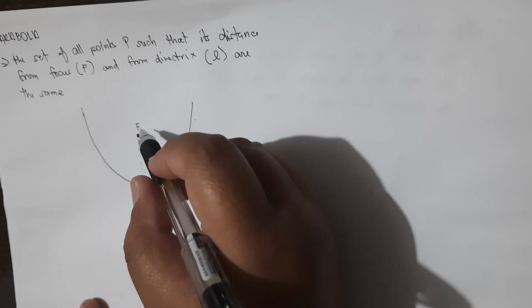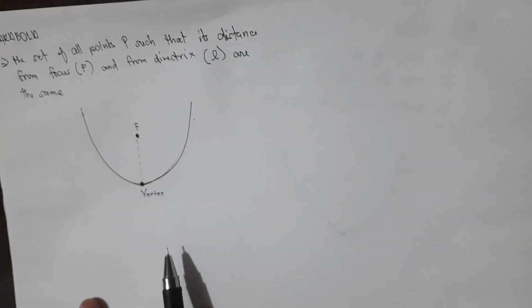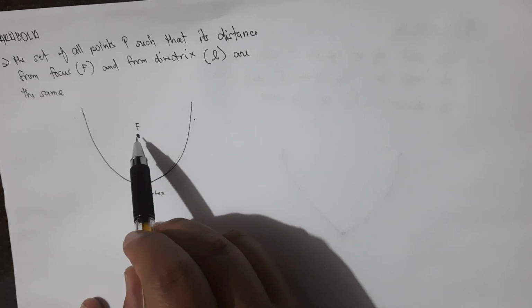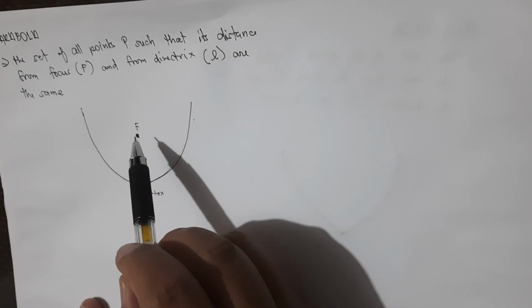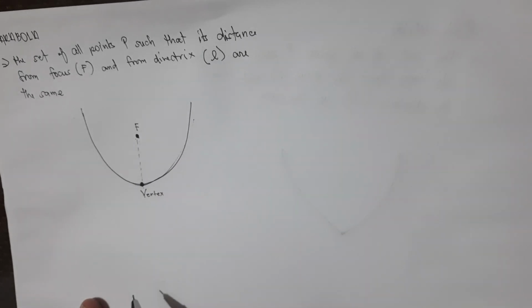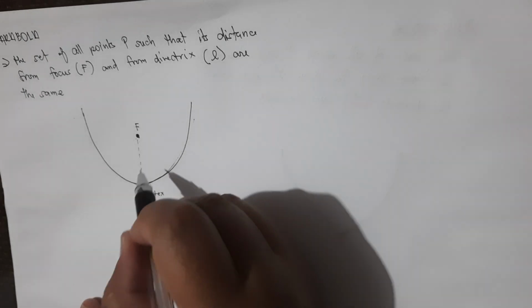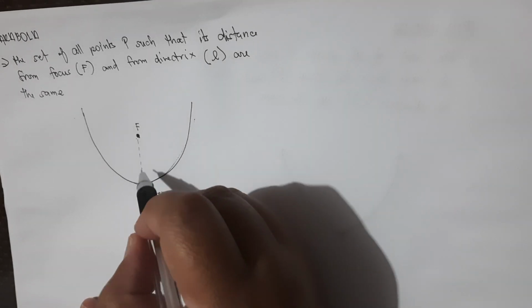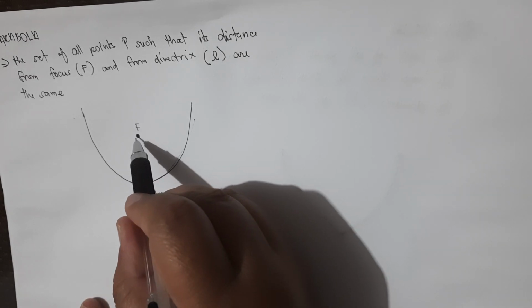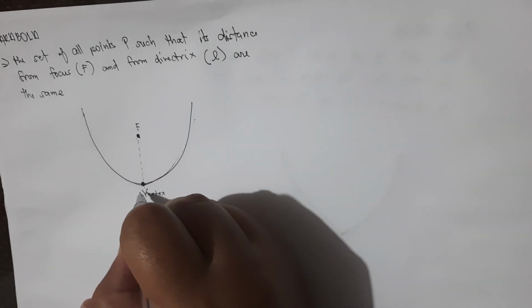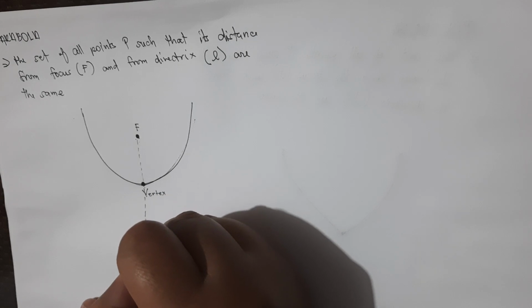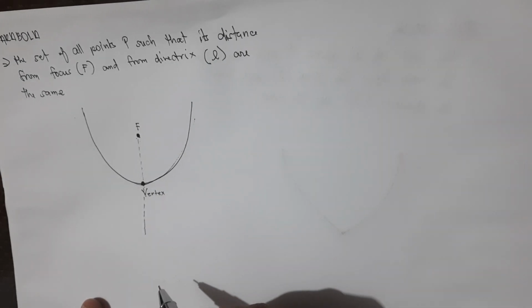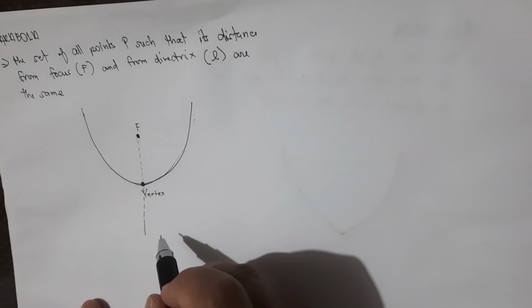So saan natin ilalagay si fixed line? Dapat the same lang sila ng distance ni focus at vertex, yung tinatawag nating directrix. So let's say for example, this is 3 units. So dapat 3 units din. Okay? So parang ganyan na.